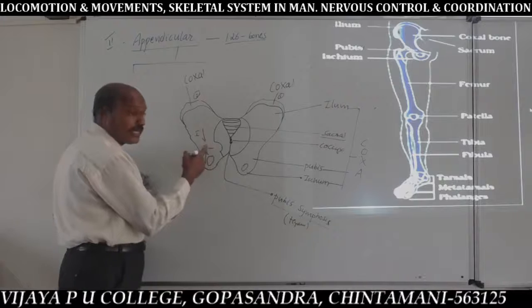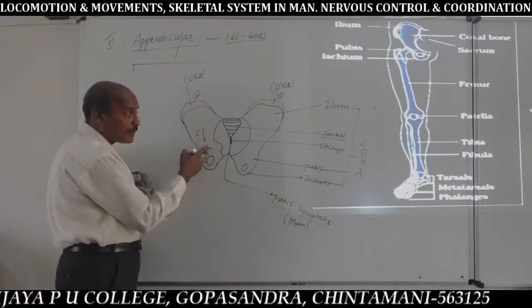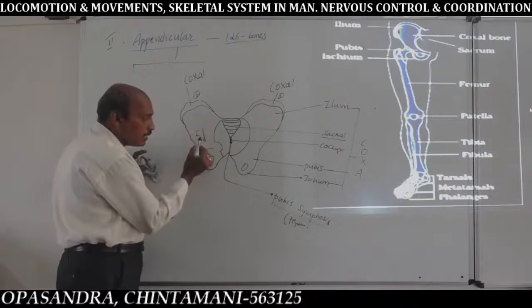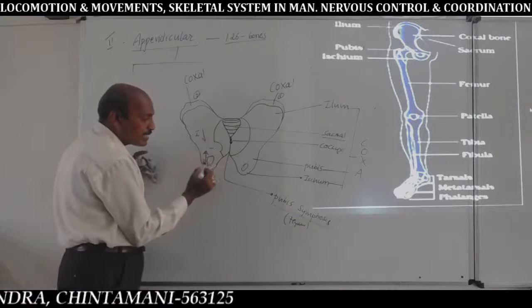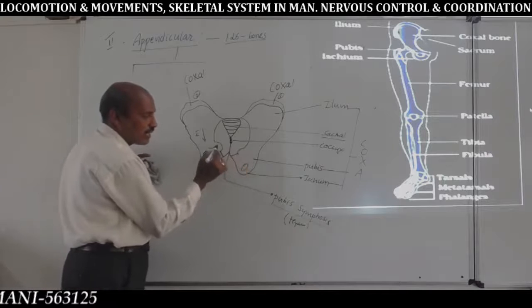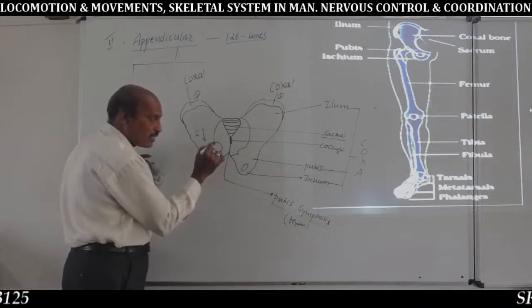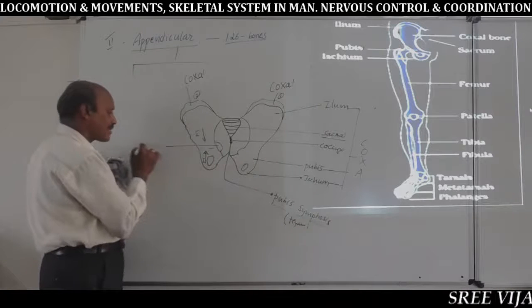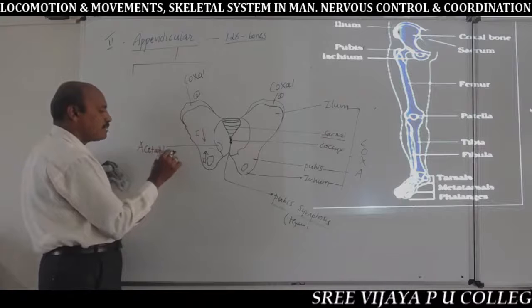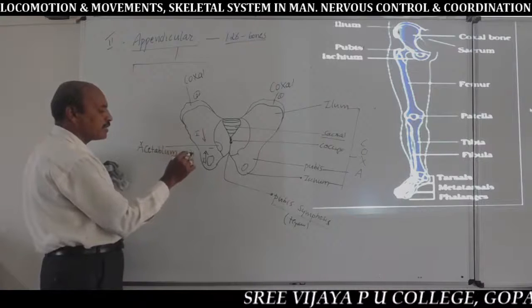See, the coincidence region of the three parts, ilium, pubis, and ischium, forms a deep notch, a deep cavity called the acetabulum. Acetabulum cavity, very important.